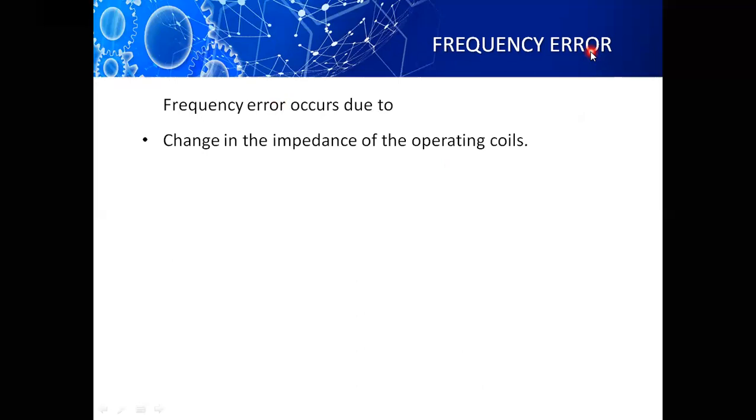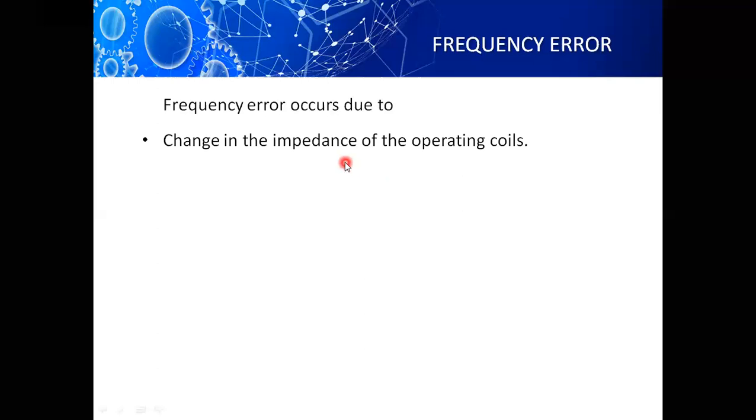Coming to the frequency error, why does frequency error occur? When the frequency changes for an AC system, when we are trying to measure an alternating quantity using a dynamometer type instrument, where we have 3 coils, 2 fixed coils and 1 moving coil, they will also have inductances. We have seen in our previous video lecture L1, L2 and M. Now because there is a change in frequency, omega L, the reactance of the coils, will be changing.